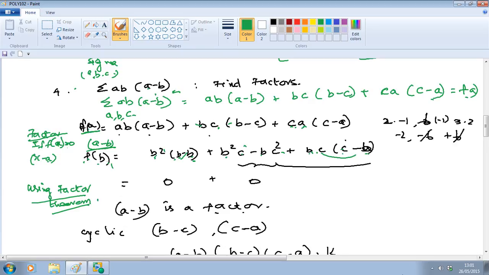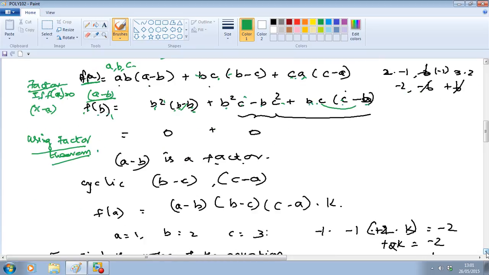Because it's cyclic, similarly if we apply, b minus c is also a factor, c minus a is also. If you replace b with c or if you replace c with a, then also the equation will become 0. So that's why it's cyclic.